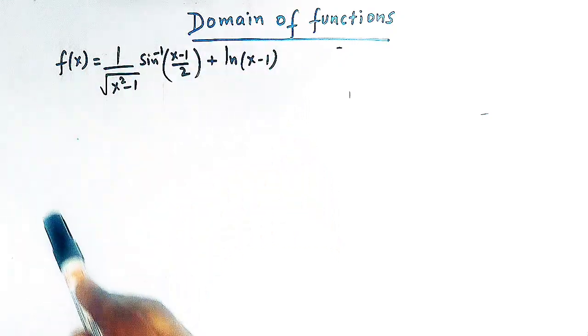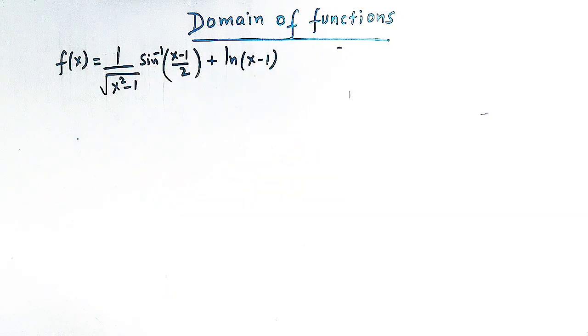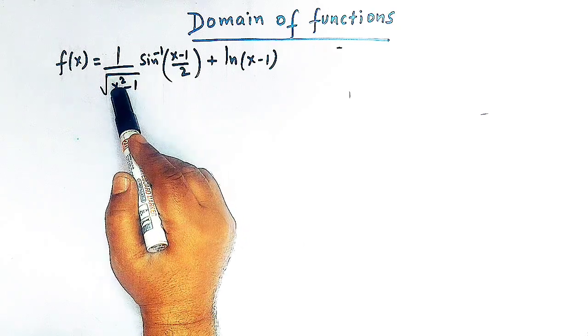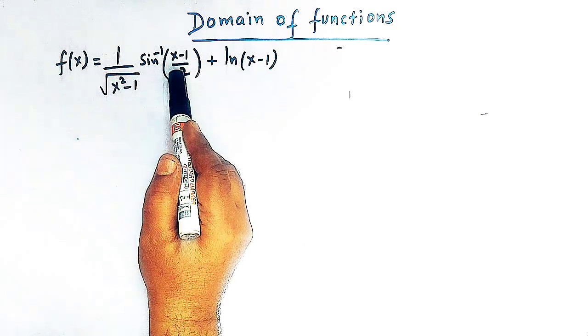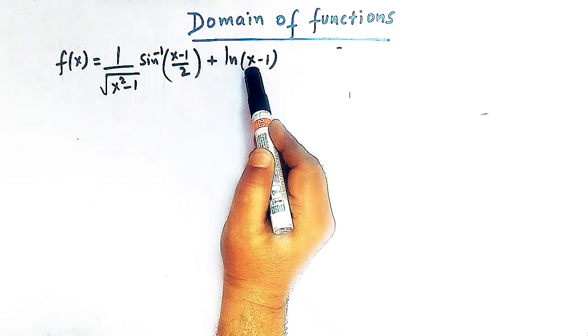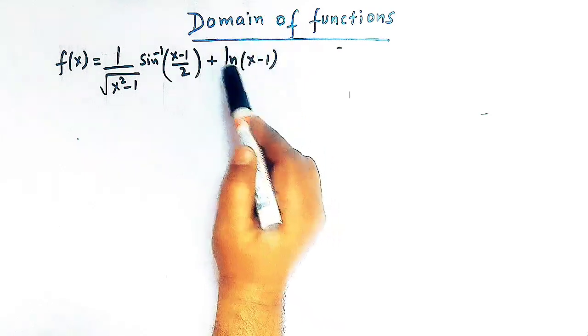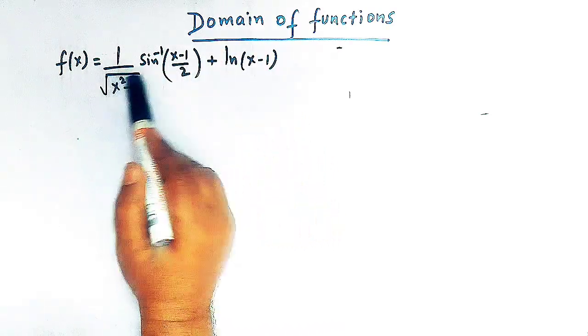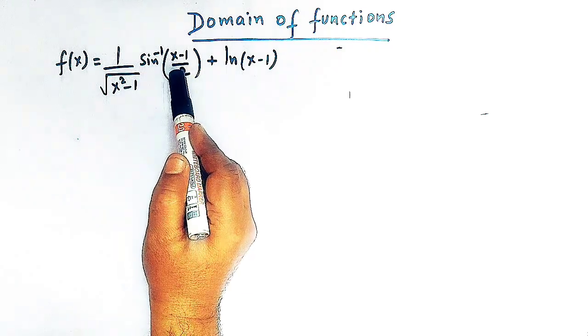So here we'll see how we can find out the domain of functions where we have a combination of functions. So here we have the product of these two functions, and then this function, that is the natural log of x minus 1, is added to the product of these two functions, right?